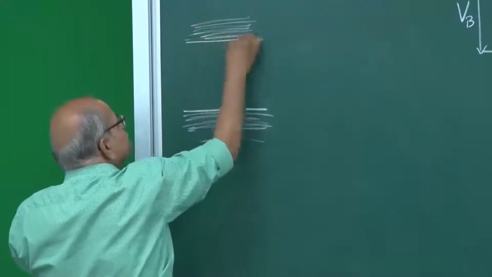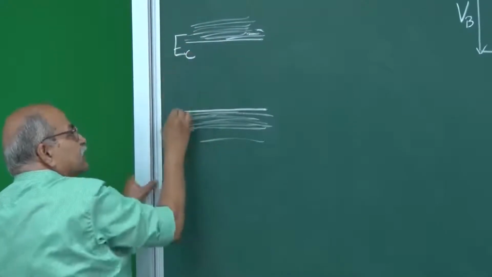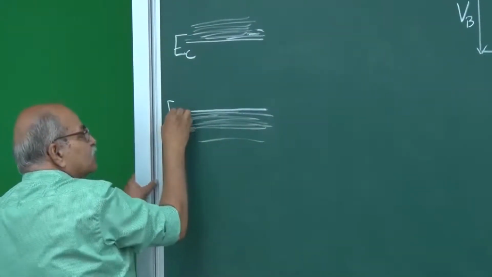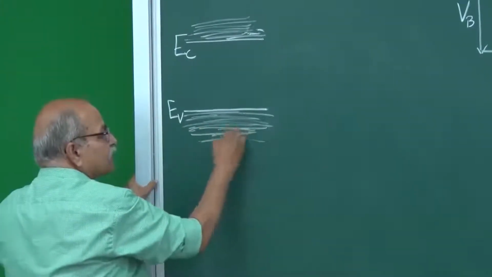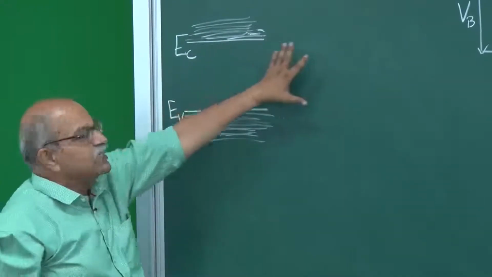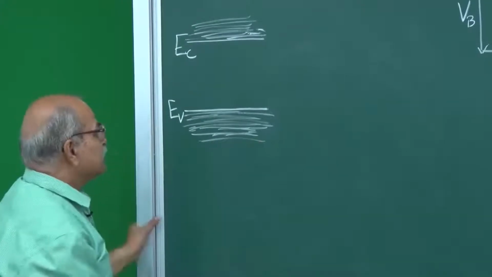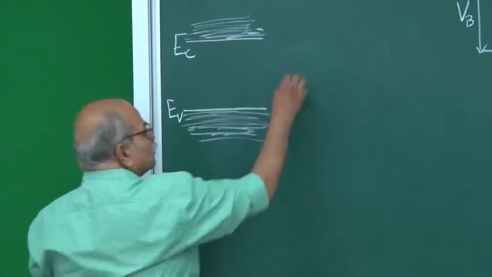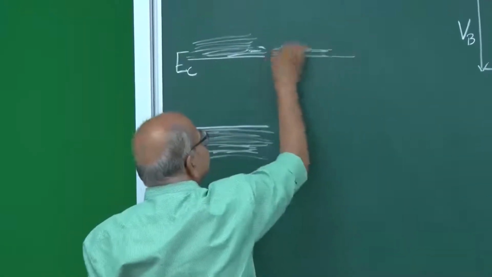So you have the bottom edge of the conduction band here and the top edge of the valence band here. Same is the case with p type, same is the case with n type if there is no cross talk between them. So the other side also is like this, same.